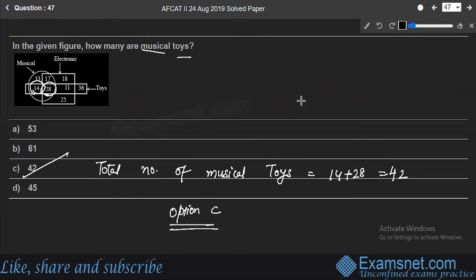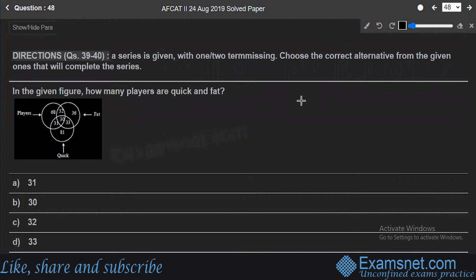Let's move. Next question, 48. In the given figure, how many players are quick and fat? See, there are three different sets: players, fat, and quick. You have to find the ones which are players, quick, and fat all three.